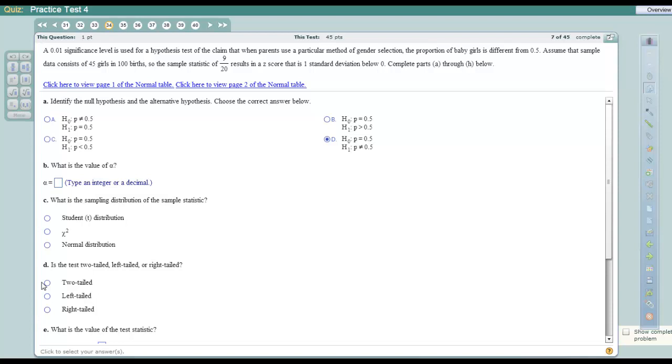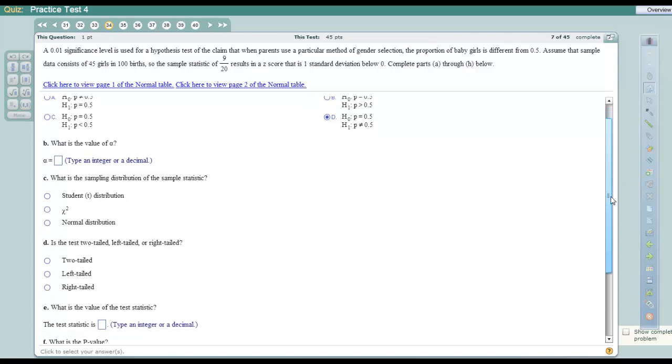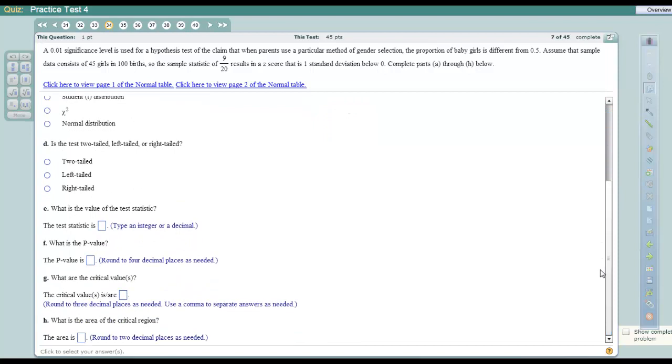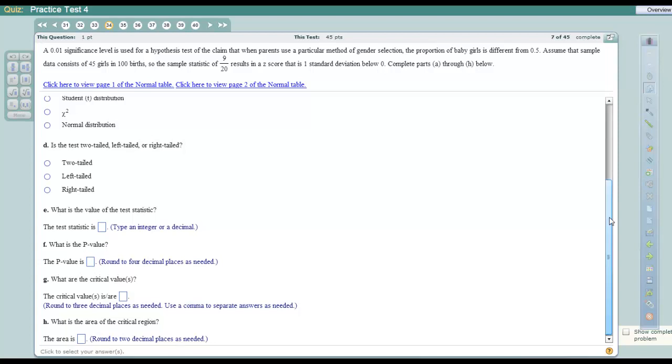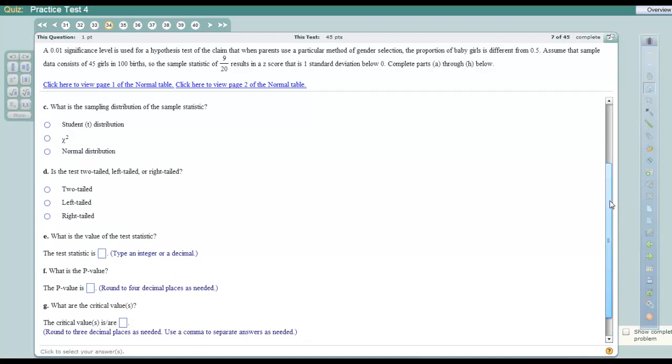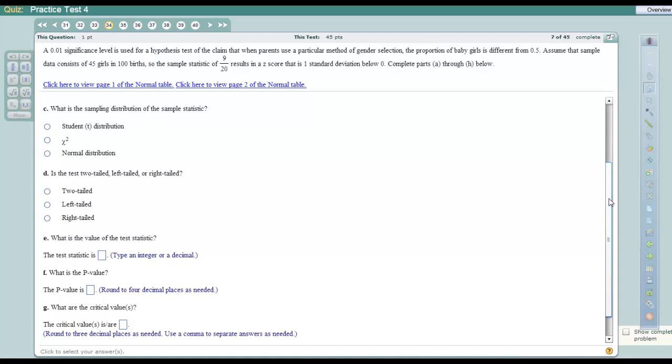So they said the sample statistic results in a z-score that is 1 standard deviation below 0, so it would be there. What else did they ask us? What is the p-value? That's where we would calculate the probability of being as extreme as 1. I'm not going to really do that right now.